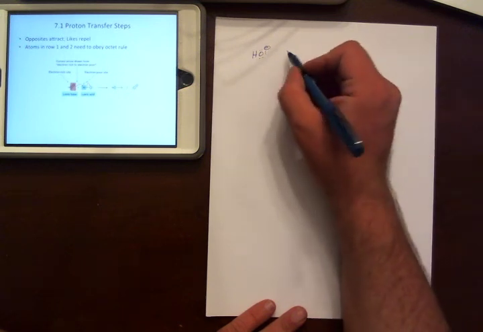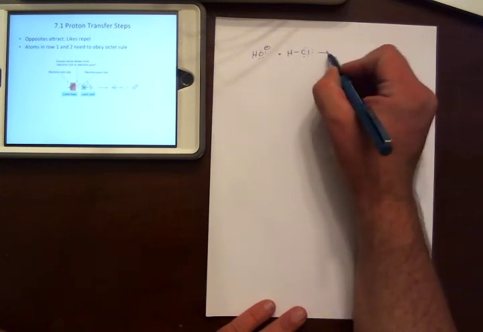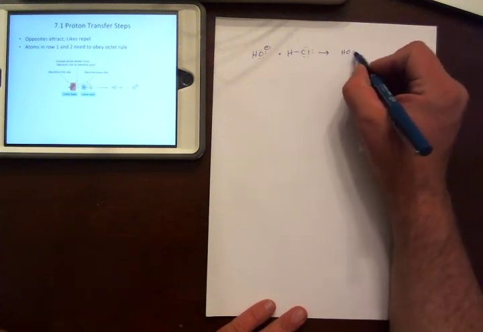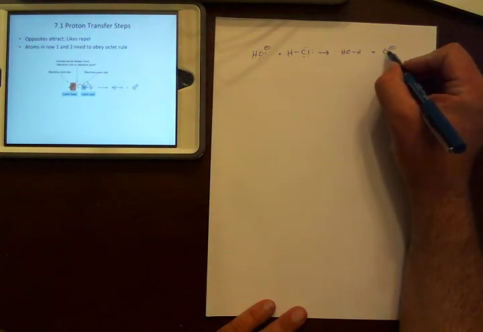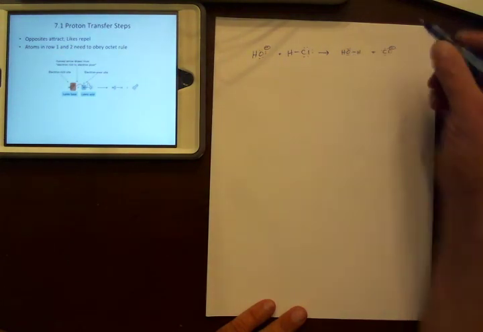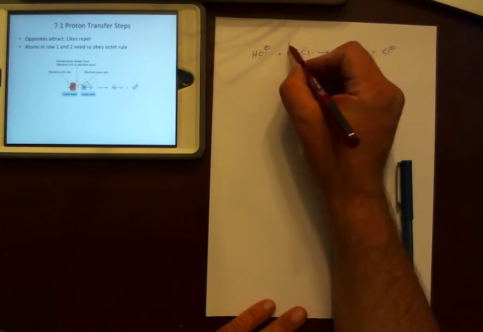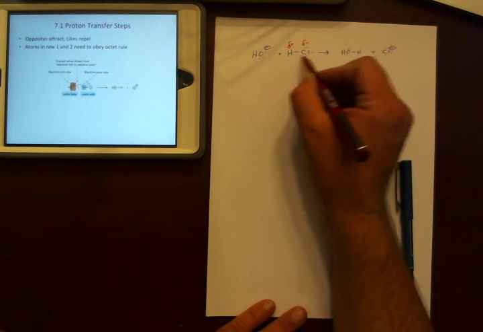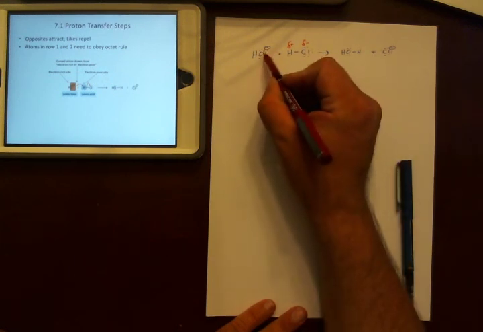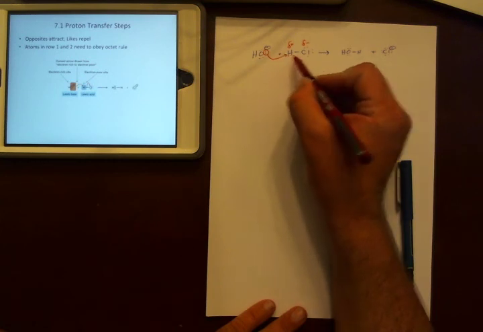So here we've got plus HCl, going to HOH plus Cl minus. And what's happening is this negative charge is going to be attracted to the partial positive on this polar covalent bond. So again, we're going to take those lone pairs and make a bond to that hydrogen.